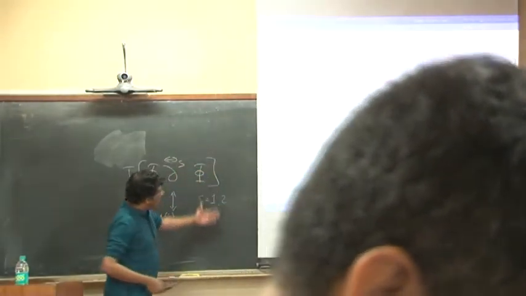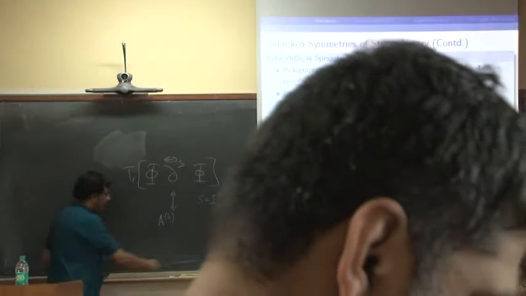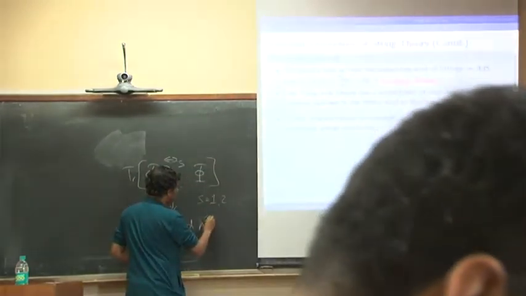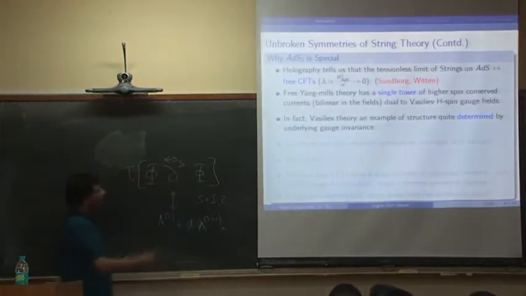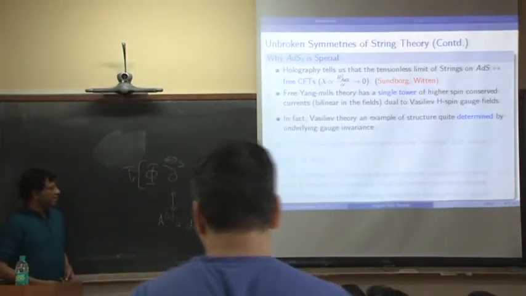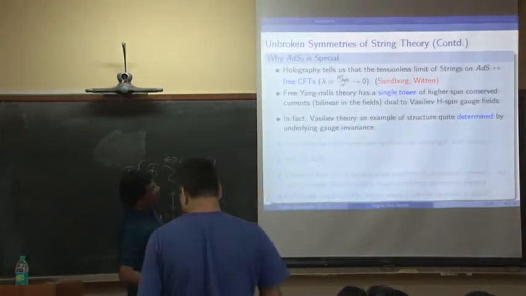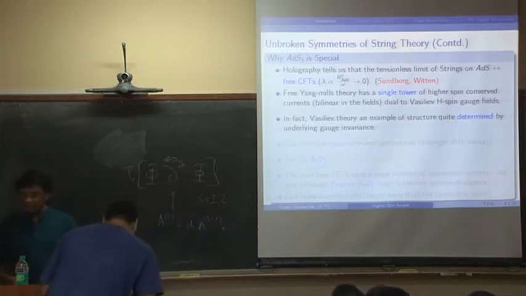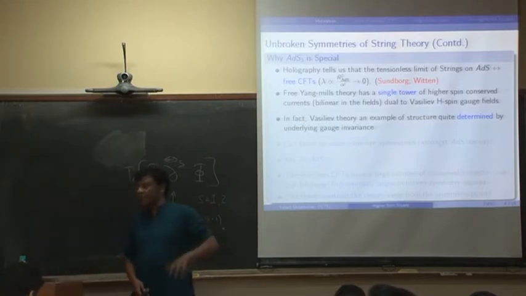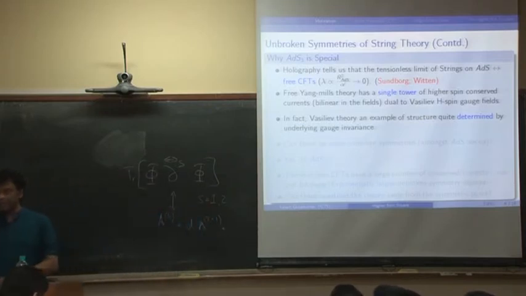So at the linearized level, there is some sort of gauge invariance like this, but then the challenge was to close this nonlinear algebra of all these fields and write down at least a set of equations. And Vasiliev, after heroic 15 years, managed to accomplish that.